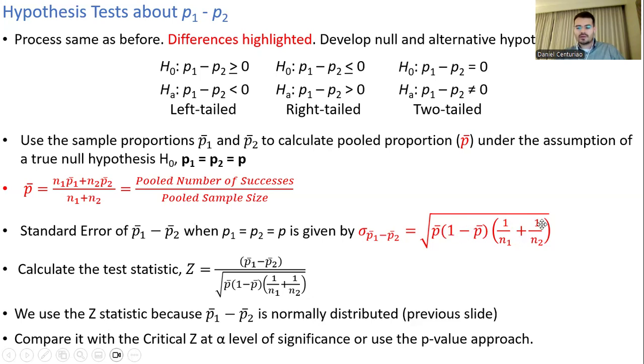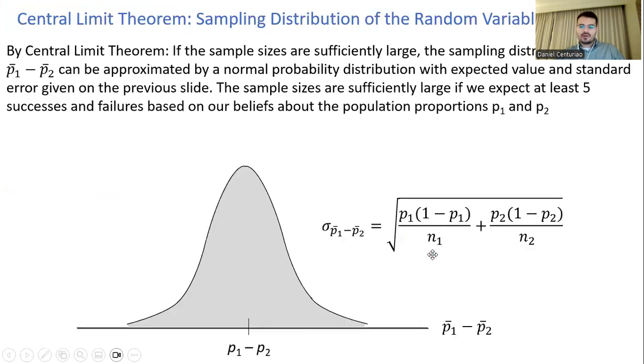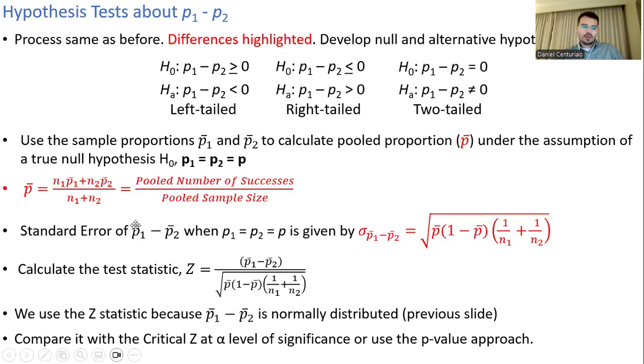And if you multiply the second term, you have exactly this term on the top of the second fraction, which is exactly as this. The difference is that you don't have P1 and P2 anymore. You have P bar, which is the calculated, weighted or pooled proportion that you just computed. Okay.